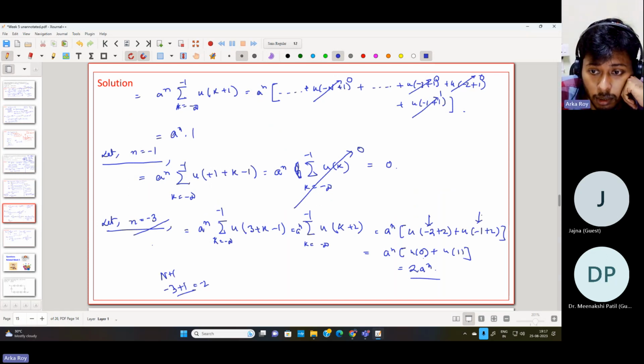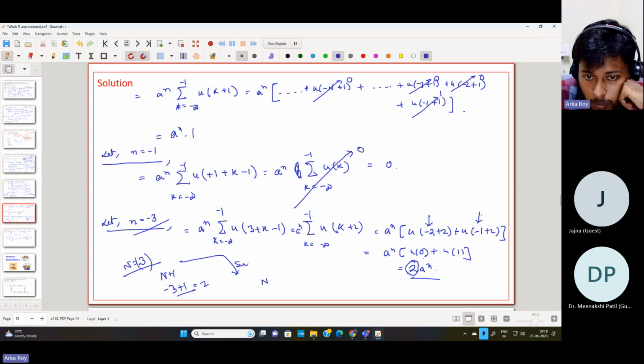So here the output is 2 when I consider n equals to minus 3. Very sorry, it is n equals to minus 3 and output is 2. So I can write the output would be the sum. I can see over here that I can write n plus 1, it will give me minus 2 and then I can take minus sign over here. So it will give me the final output.